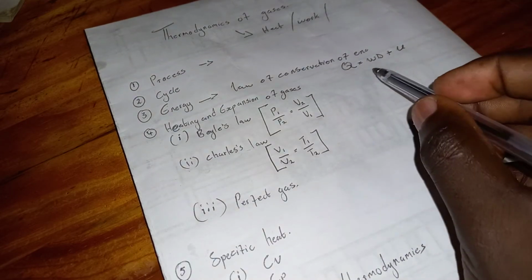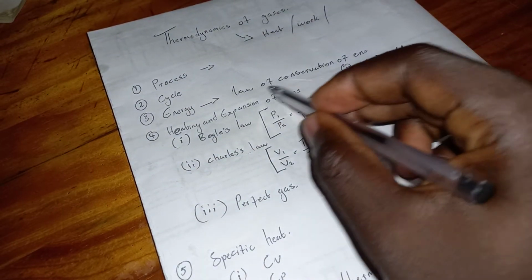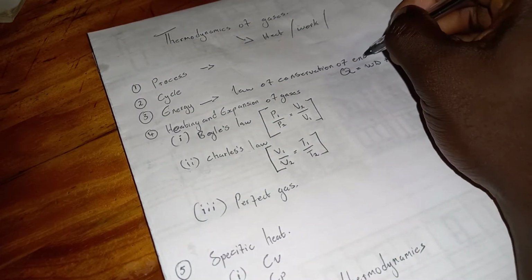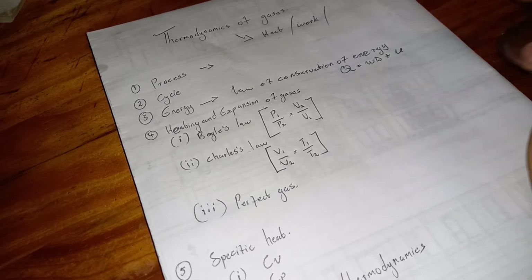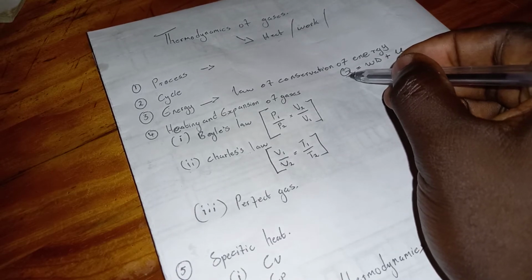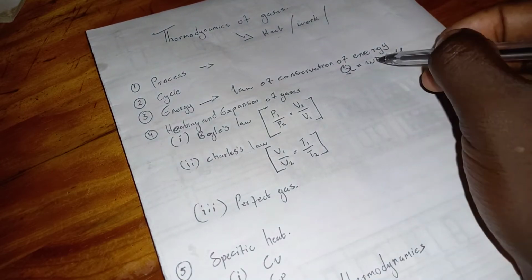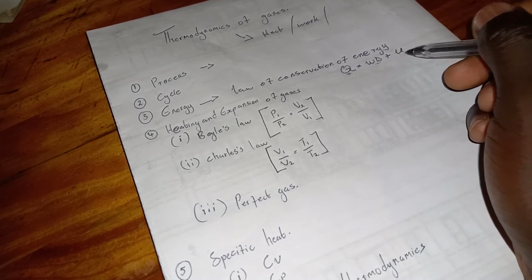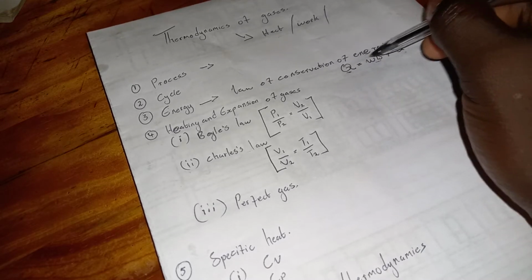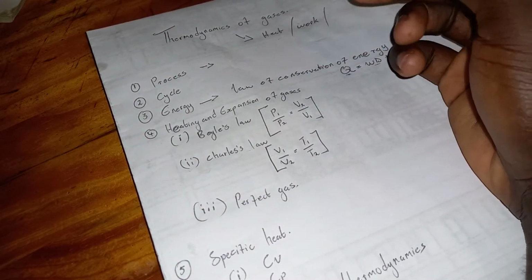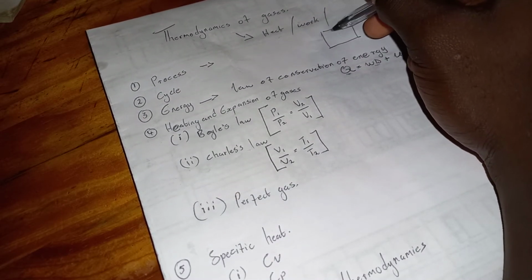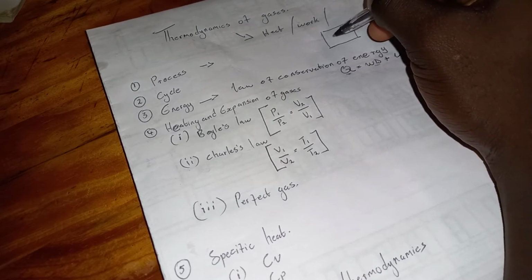So that means if you are going under the law of conservation of energy, we can then say the energy that is being changed. This is your heat energy, or the energy supplied, and this is the work done, and then this is your internal heat energy. So if you are going through a certain process or cycle, let's say you have a container with air inside.